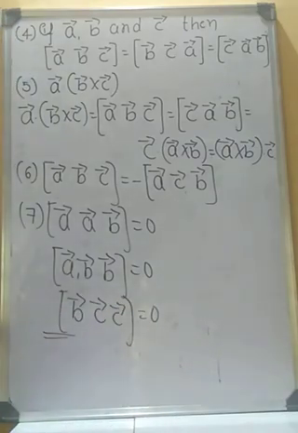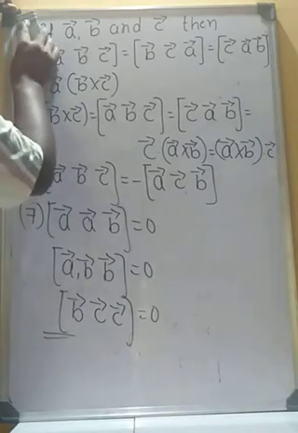So these are all the observations of the scalar triple product or box product of three vectors.